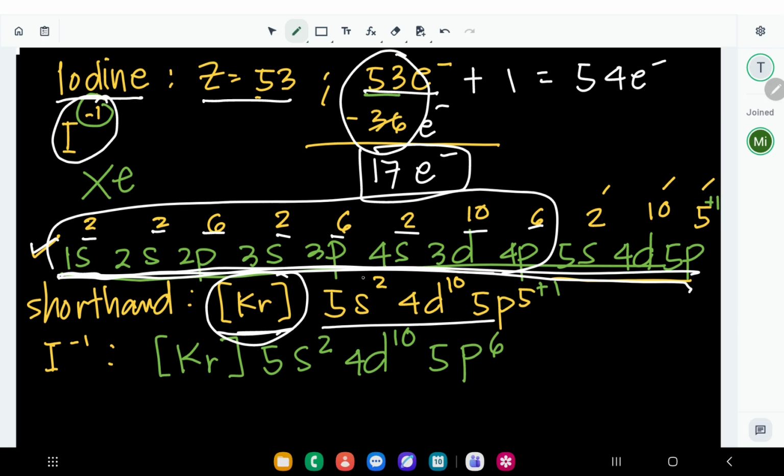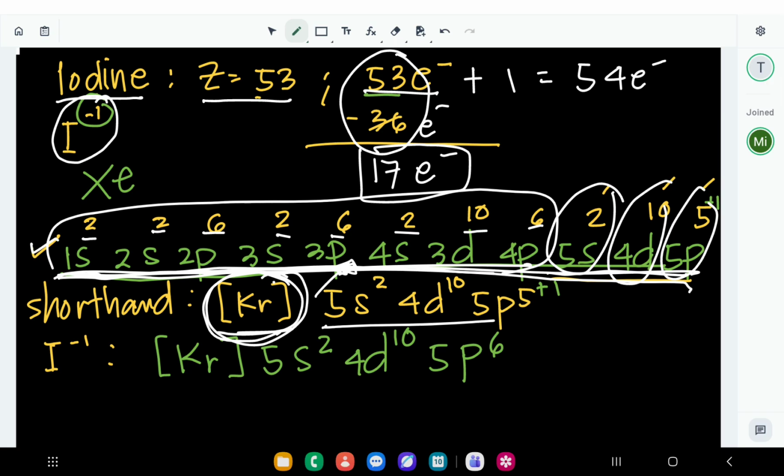So this is actually the electron configuration of krypton. Instead of writing all of this, we just replace it with krypton, and then we copy the rest of the electron configuration: 5s2, 4d10, and 5p5. So we have 17 electrons left. That is the shorthand electron configuration of neutral iodine.